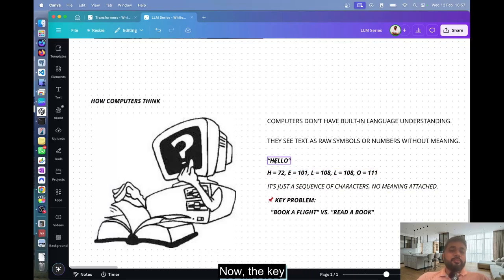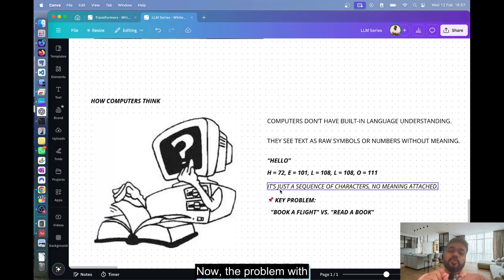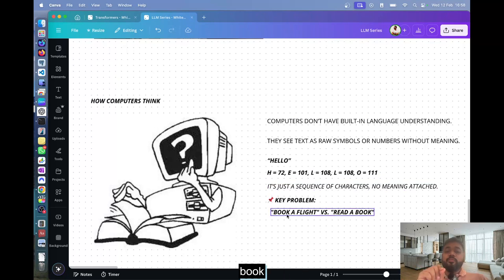Since the computer only understands numbers, that's the reason why we are converting these alphabets or characters into numbers. Now the problem with it is that it's just a sequence of characters and there's no meaning attached to it. For example, if I say book a flight versus read a book.